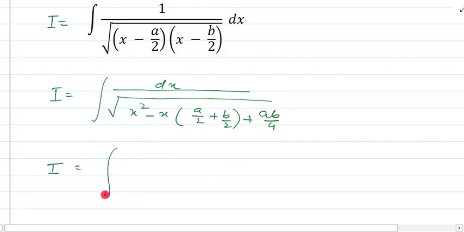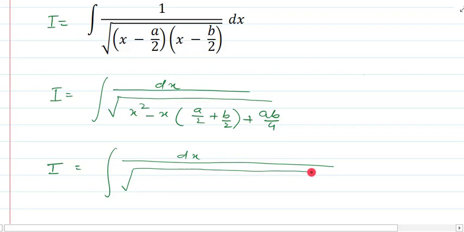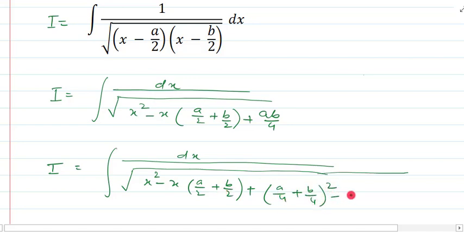I is equal to dx upon square root of x square minus x into (a upon 2 plus b upon 2), then adding (a upon 4 plus b upon 4) whole square, subtracting the same, (a by 4 plus b by 4) whole square, and plus ab by 4 remains as it is.